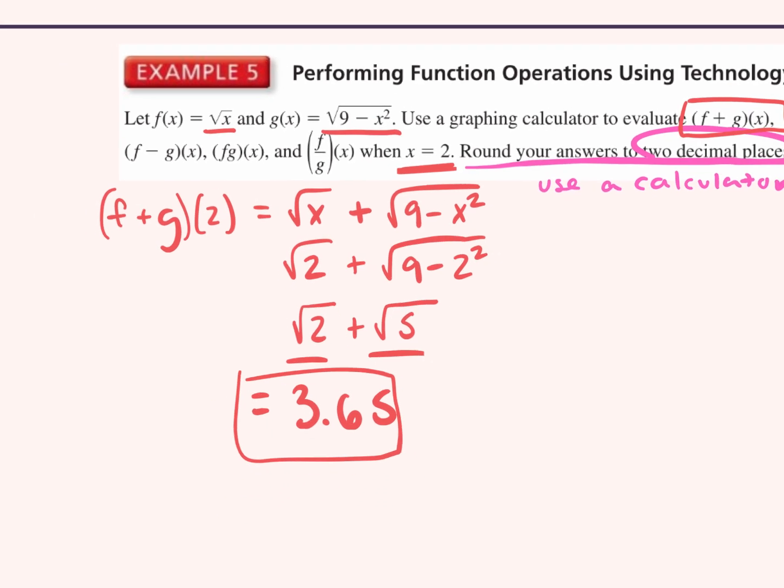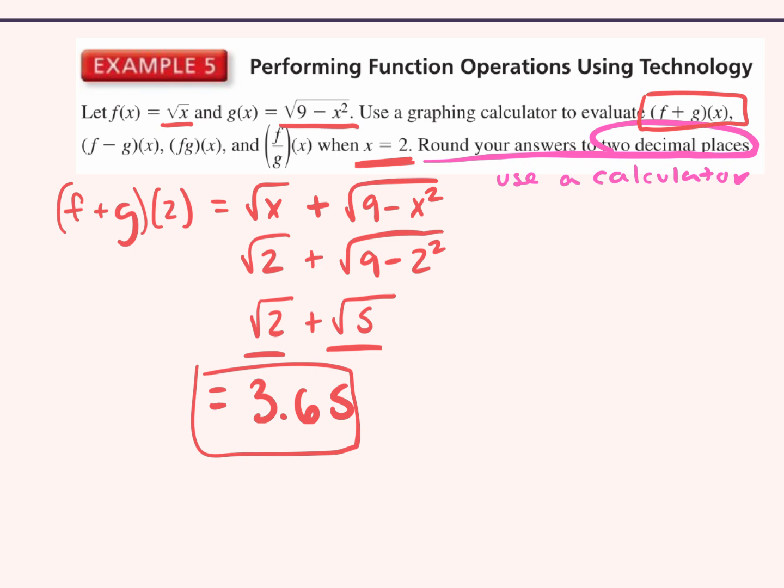So for all of these questions, you're just doing the same thing. For the next one, plug in 2, but you're just subtracting them. For multiplying, find your two answers, multiply them together. So you could either plug in 2 into this and plug in 2 into this and do it separate, like do it at the end, or you could just do it all together.